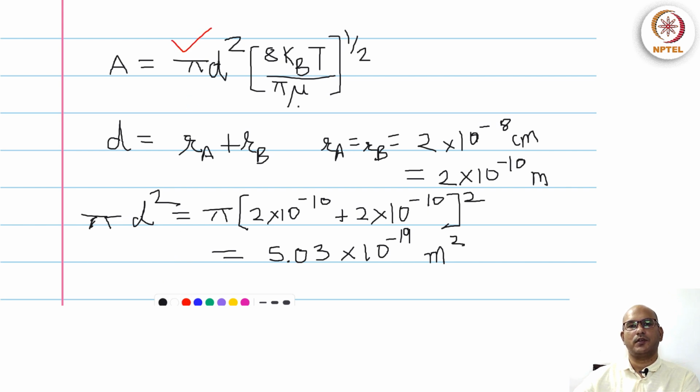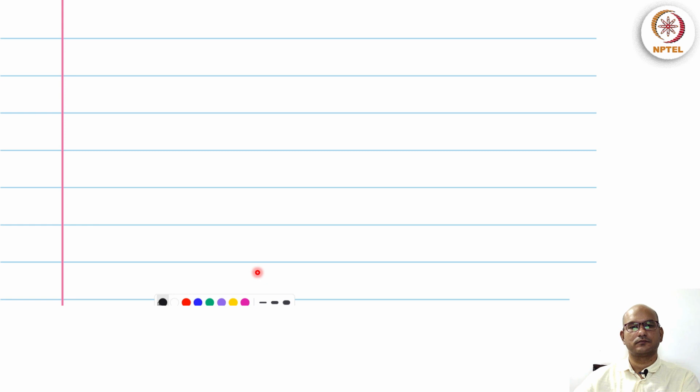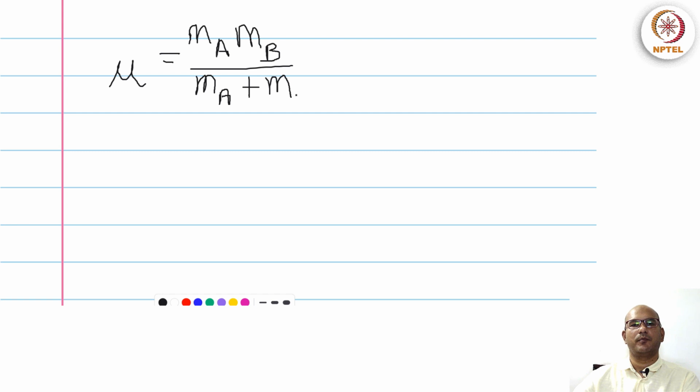We have this term with us now. Now we must look for mu. Now we know mu is given as mass of one molecule of A, because we have one molecule colliding with another molecule, multiplied by mass of molecule of B divided by MA plus MB. Now what is the mass of one molecule of A?